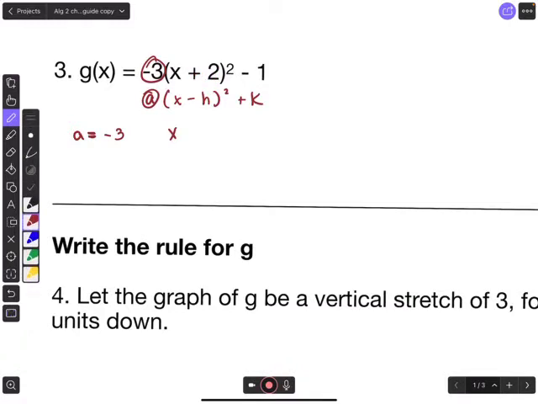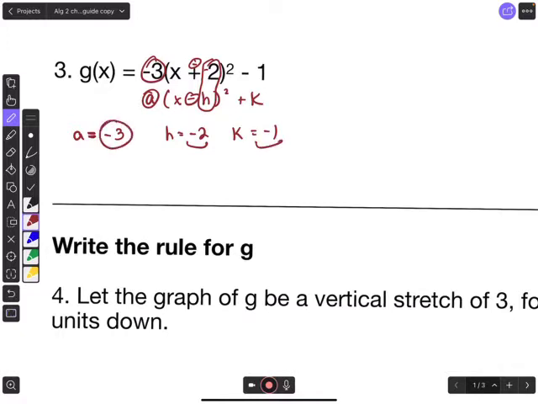You've got to think of it as a minus 2. So the negative matches the negative, forcing h to be -2. h does tell me the x value of the vertex, but h is -2, and k in this case is -1. So we can see it shifted left by 2, it shifted down by 1.